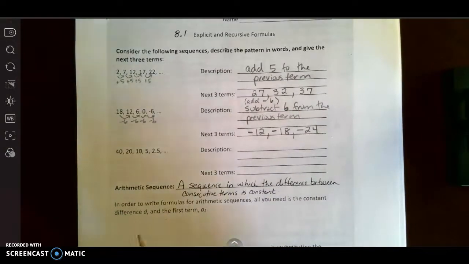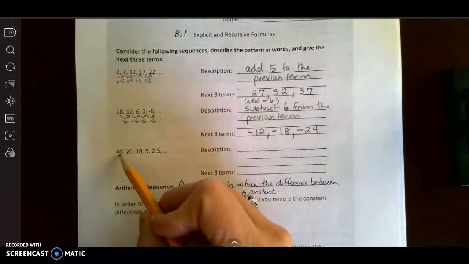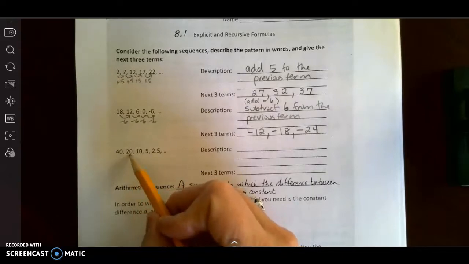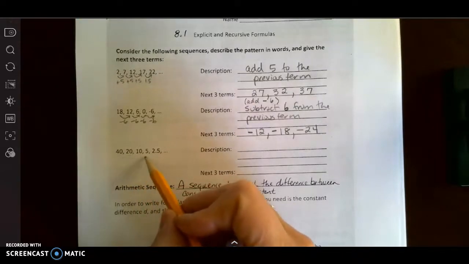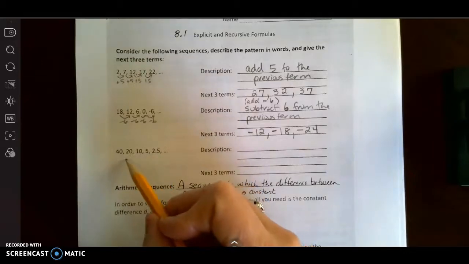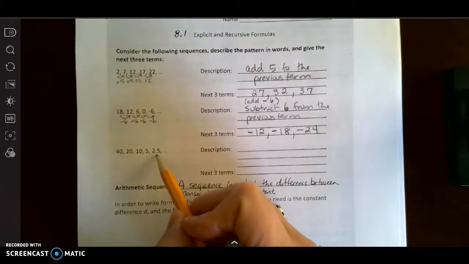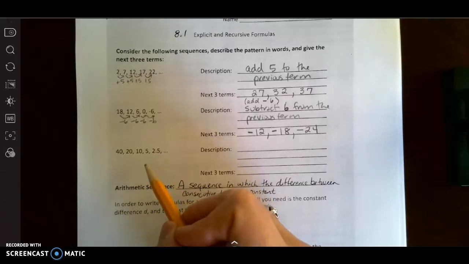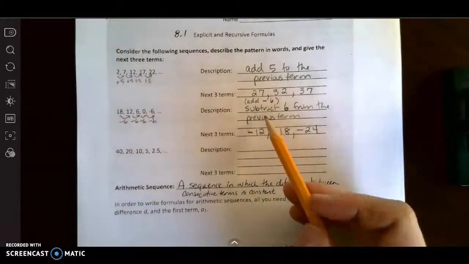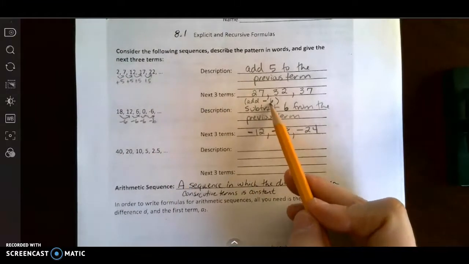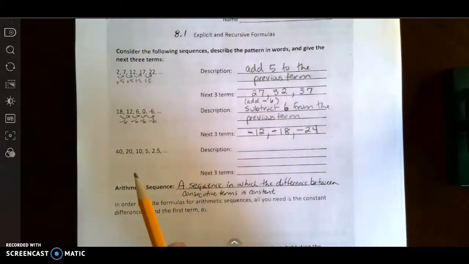Alright, so for this sequence, looks like I go down by 20, but then I only go down by 10 and then by 5. So it must not just be subtracting. So then I'm going to see if it's multiplying or dividing. Just like up here, subtraction can also be written as addition. Division can also be written as multiplication. Division, remember, is multiplying by the reciprocal.